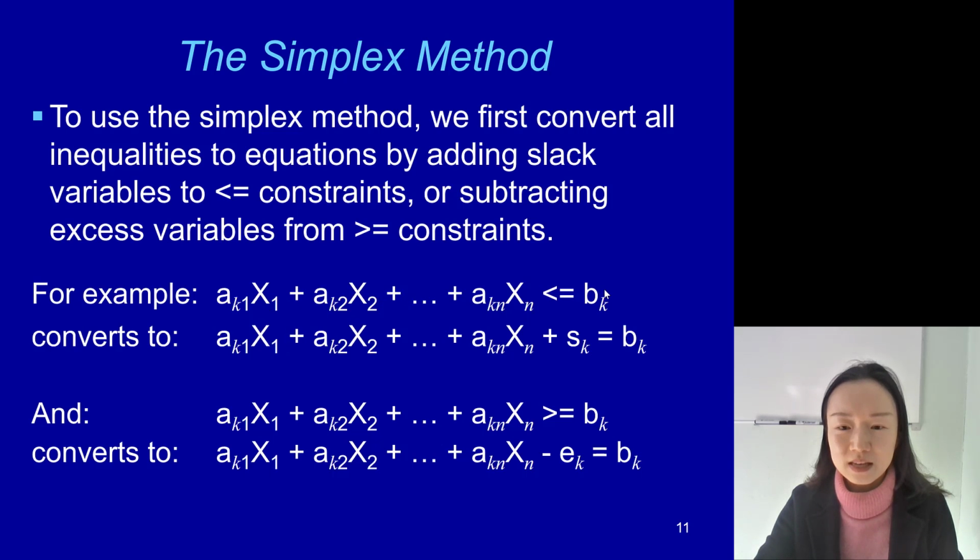When s is 0, we reach a strict equality. When s is positive, the left-hand side of the original constraint will be less than b, the right-hand side.